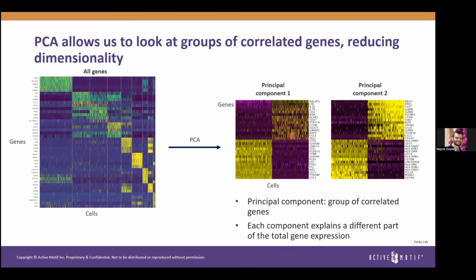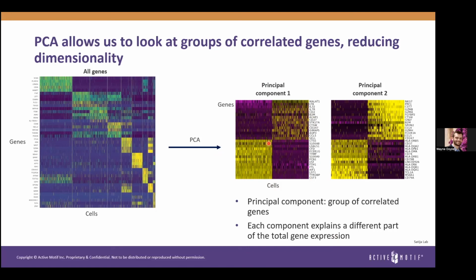So for example, for the first principal component, there's a group of genes that are going up in one group of cells, and a group of genes that are correlated and going down in that same group of cells. So we don't need to look at each of these genes individually. We can just get a single number that represents all of these genes together. The second principal component is then just a different group of correlated genes that helps explain a different part of the total gene expression that we want to look at.